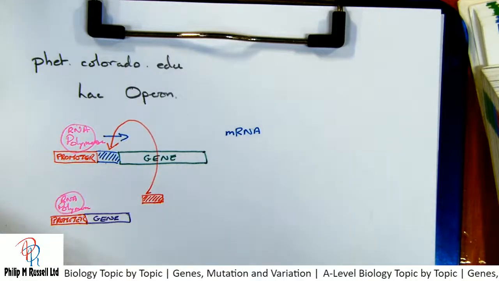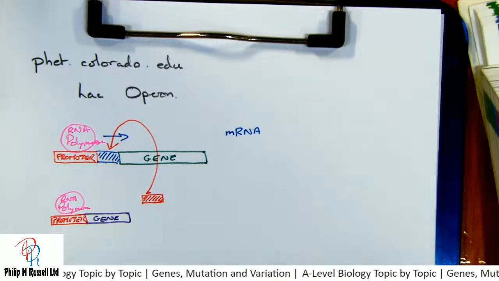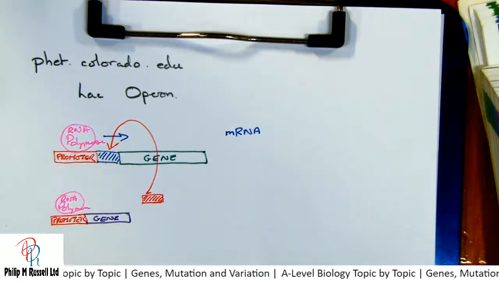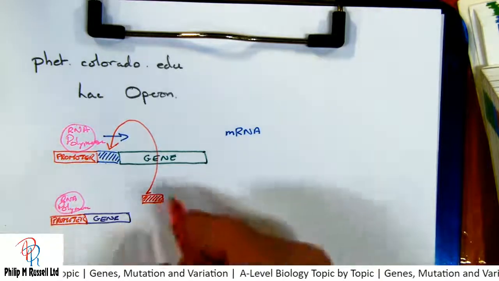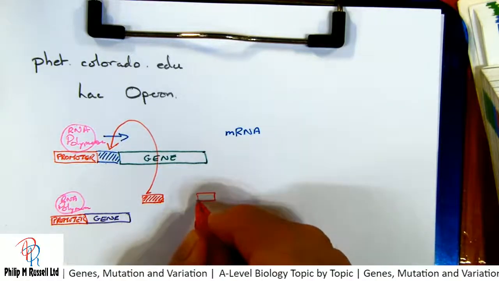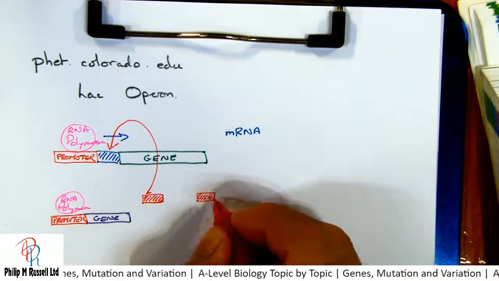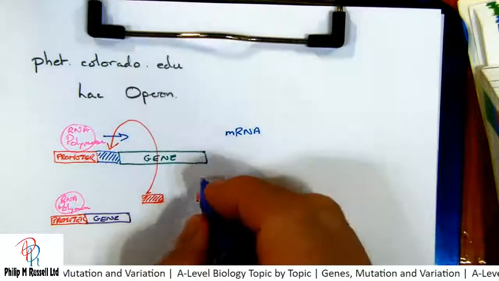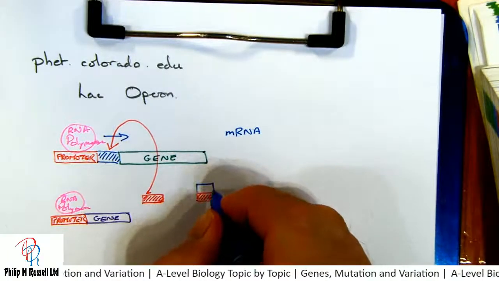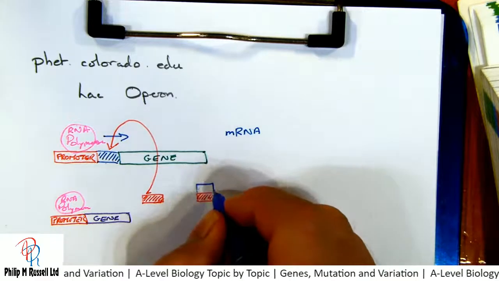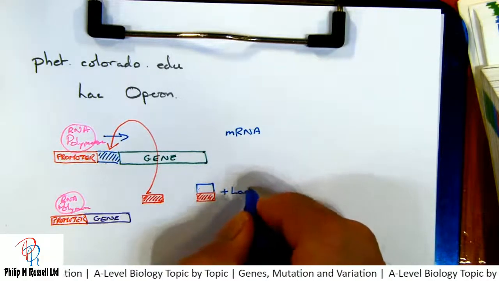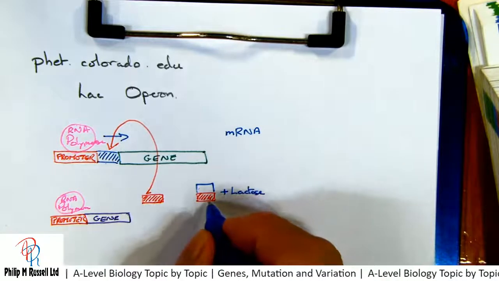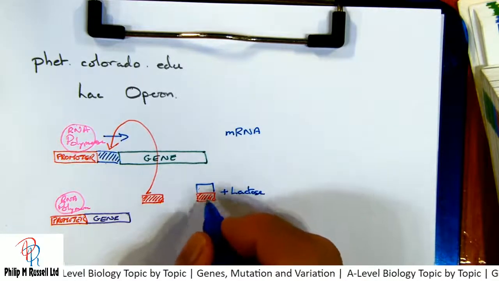If we've got, however, any lactose present, then this little protein has a lactose molecule bound to it. And when it does that, this changes shape.